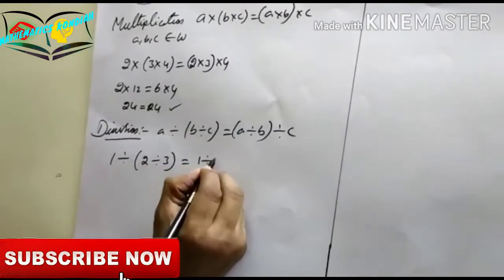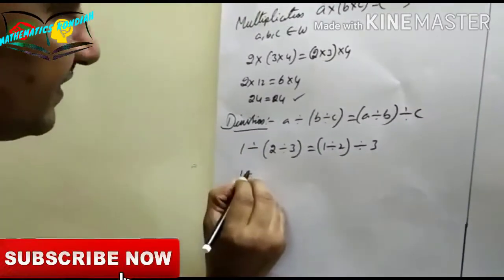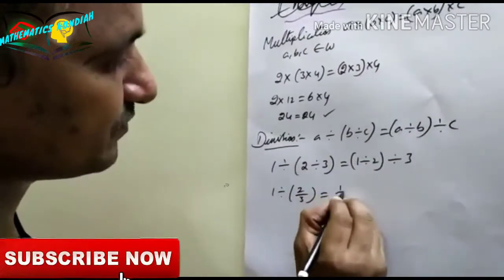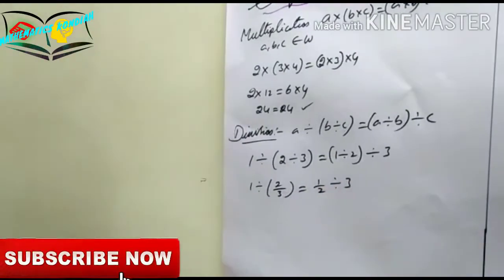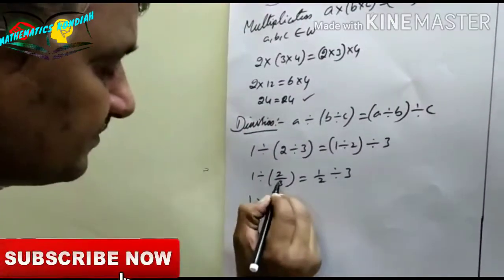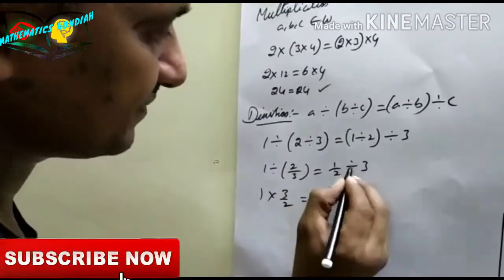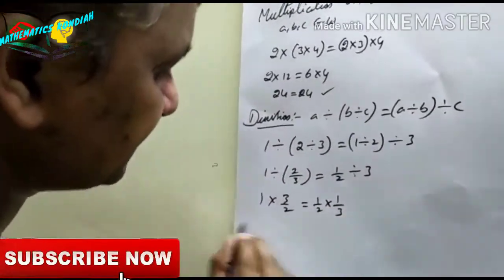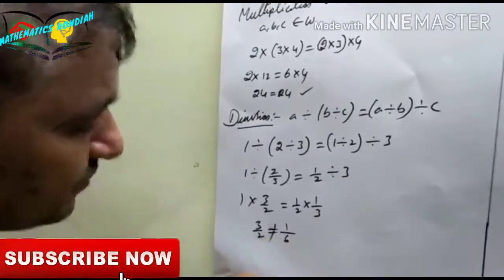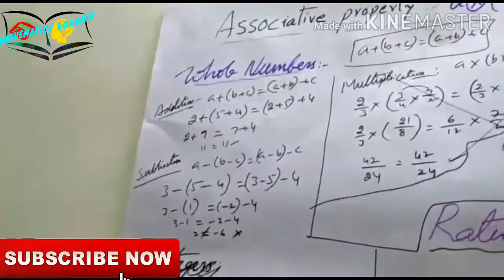The division symbol converts into multiplication with the reciprocal, so 1/2 times 1/3 is 1/6. The other side gives 3/2. Therefore, 3/2 is not equal to 1/6. Under division, the associative property is not satisfied for whole numbers.